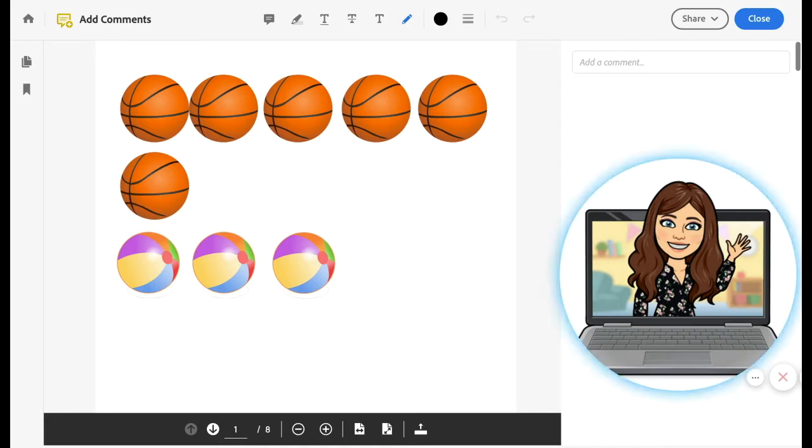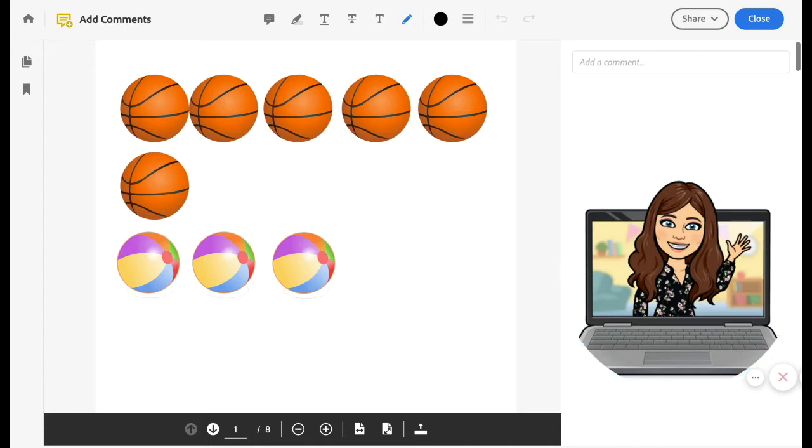Just like we did with addition, anything we can count, we can use for subtraction, whether that be the balls on the screen, any objects we have in our house, all the pictures we see today, or any manipulatives can help us with our subtraction, friends.